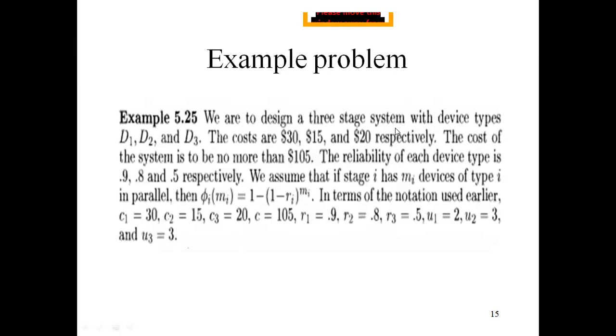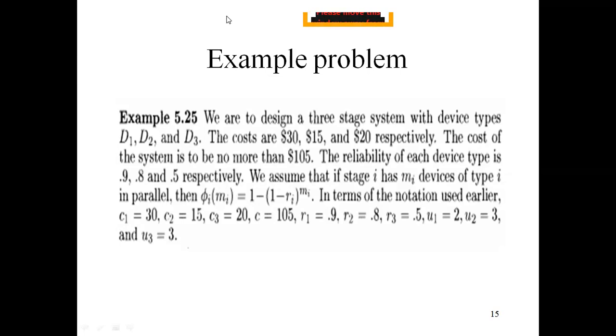Now see our example problem. We have to design a three-stage system with device types D1, D2, and D3. What we are representing in the figure: we have stage 1, in which we place D1 type devices, stage 2, D2 type devices, and stage 3, D3 type devices.